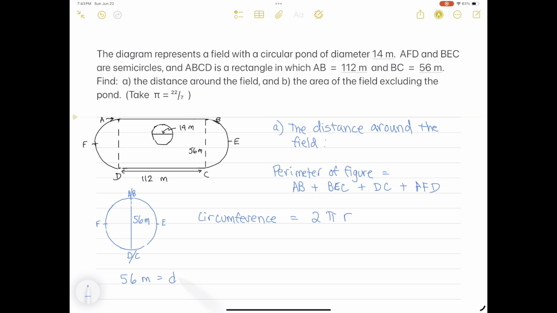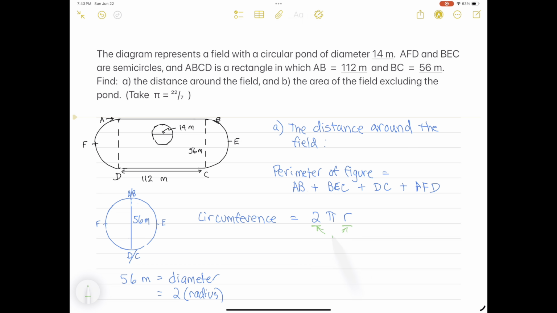So 56 meters equals the diameter of the circle, and therefore 56 meters also equals 2 times the radius. So if we refer back to the formula for the circumference, 2 pi r, 2 times r would equal the diameter, which equals 56 meters.